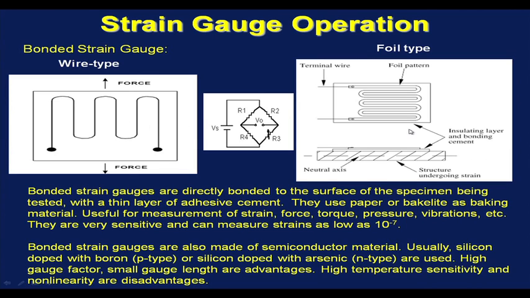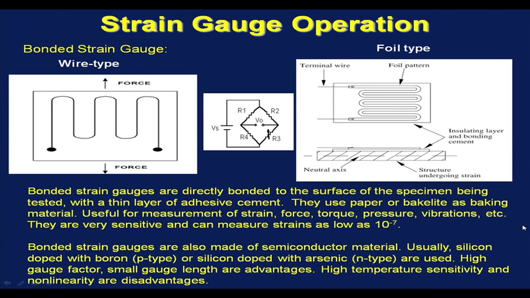These are schematics of bonded strain gauge. It can be of wire type or it can be of foil type. Bonded strain gauges are directly bonded to the surface of the specimen being tested with a thin layer of adhesive cement. They use paper or bakelite as backing material.